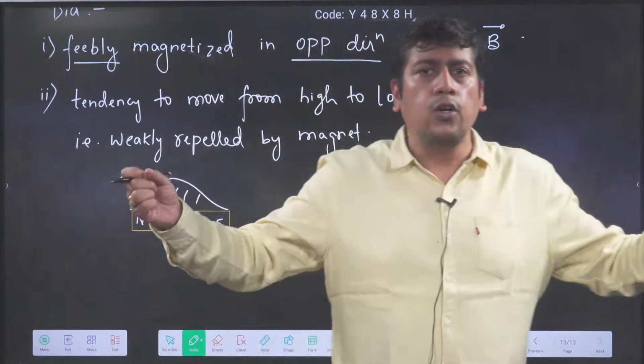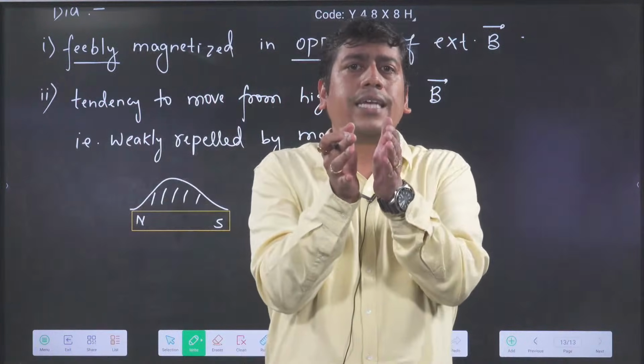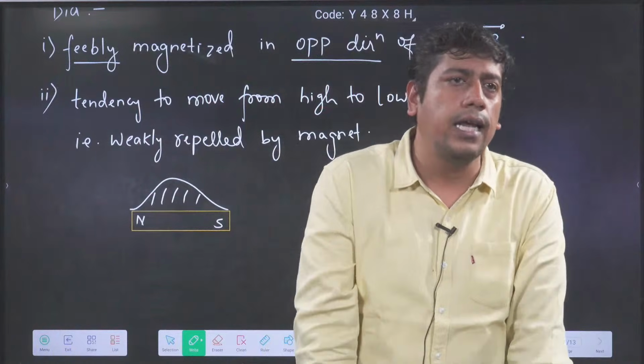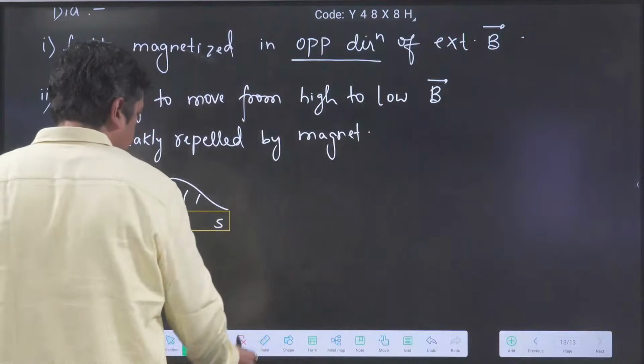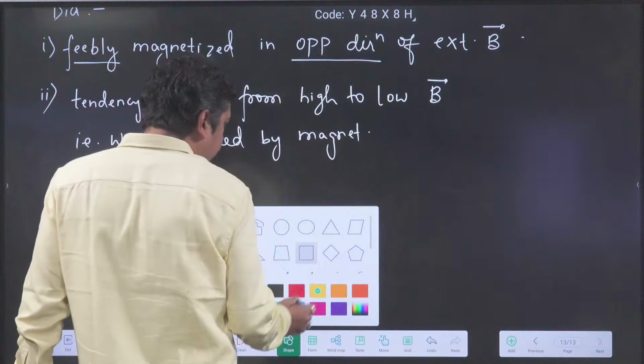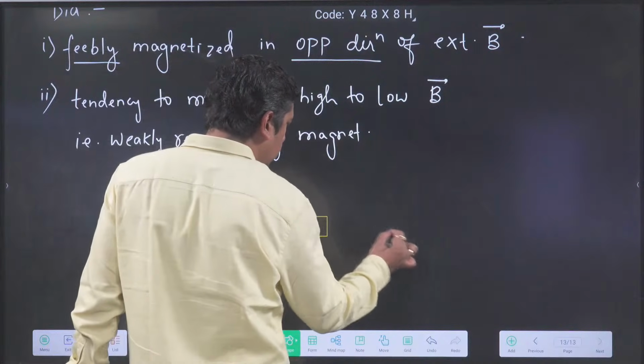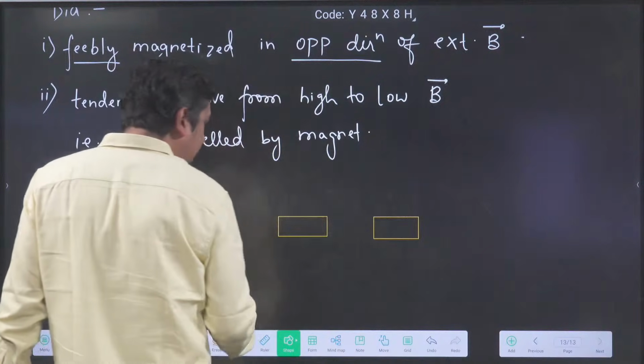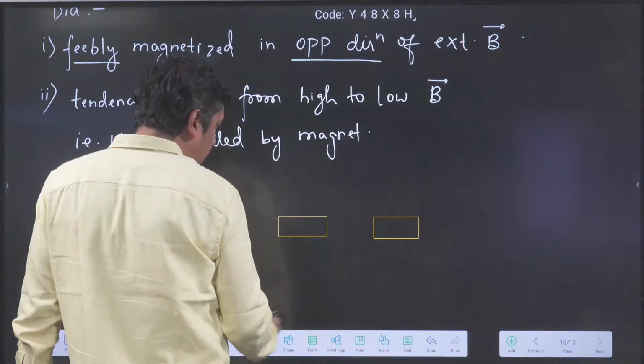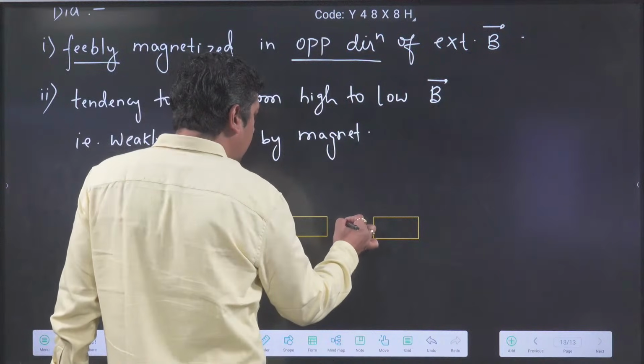That's why they will try to accumulate near the center, because at the center the field is less. Same logic. If you take two magnets and place a diamagnetic needle here, you'll find the needle will align perpendicular.